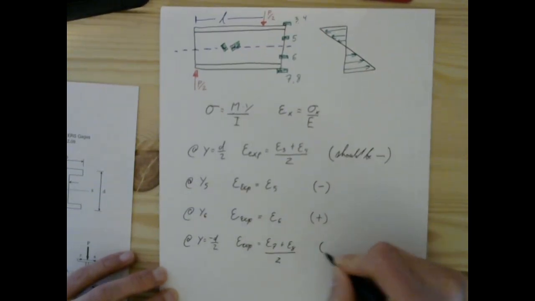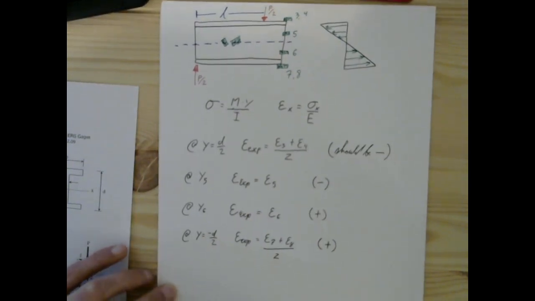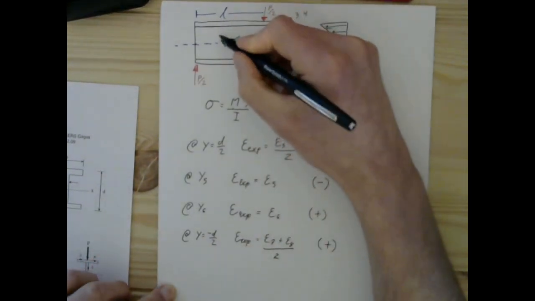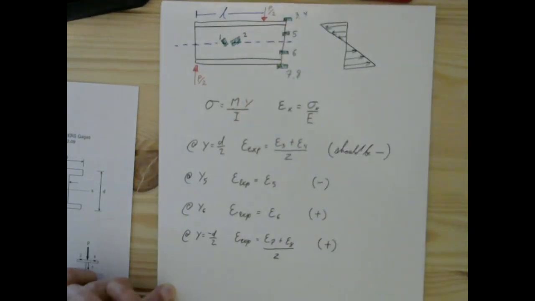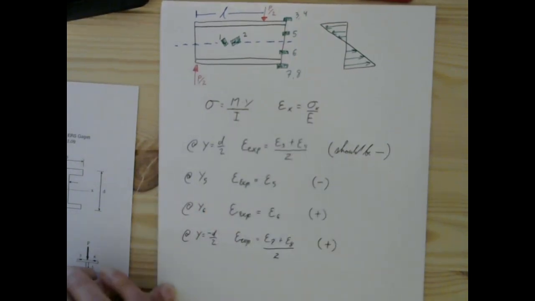And this should be positive as well. If we look at locations 1 and 2, there is not going to be any theoretical stress due to moment. That will only be due to shear stress.